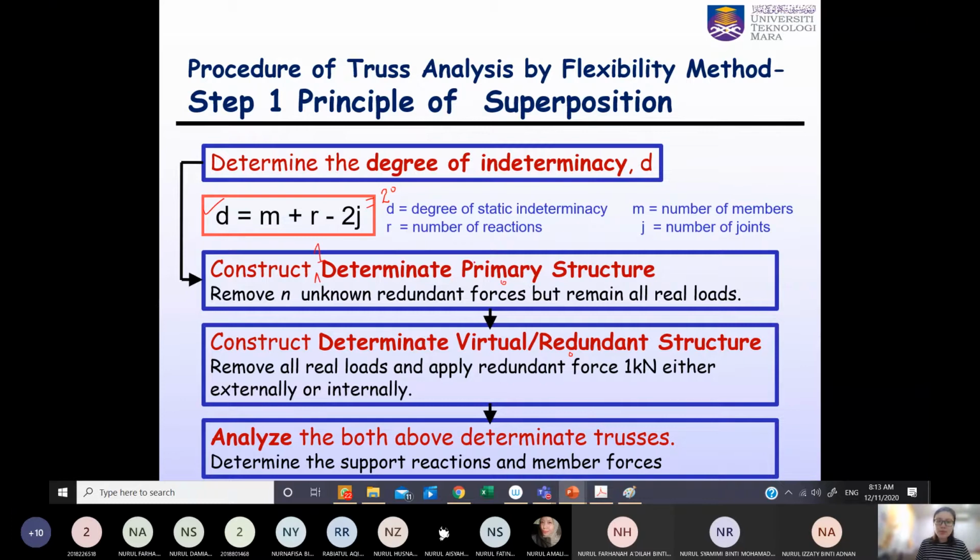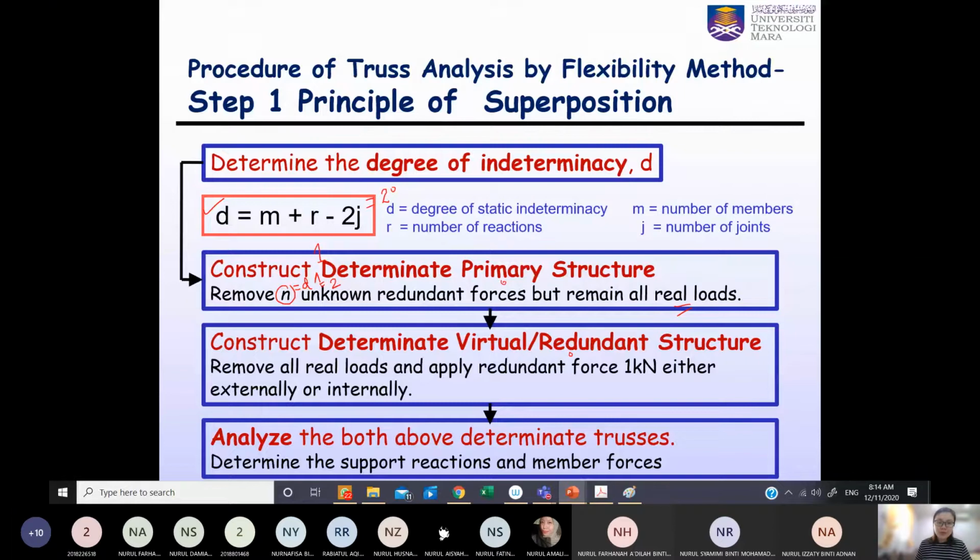But you need to remove n unknown redundant forces. This n will depend on your d; n is equal to d. So in this case, you are going to remove two redundant forces, and you keep all real loads. The real loads are still applied.